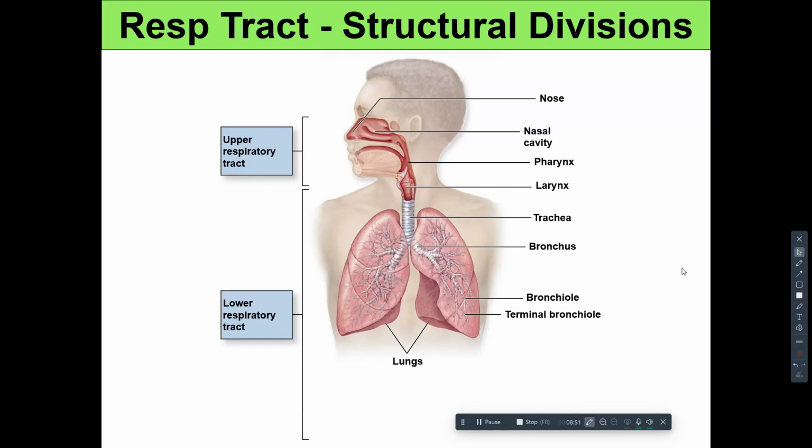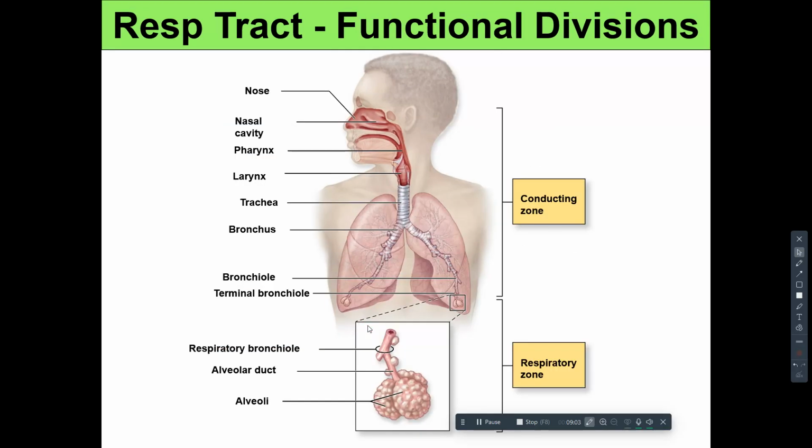So if I look in this picture, I can see the division between my upper and lower respiratory tract. Upper, boom, boom, boom, down to the larynx, then below the larynx, trachea, and beyond, lower. I can also see the delineation between the conducting and respiratory zones here, okay?